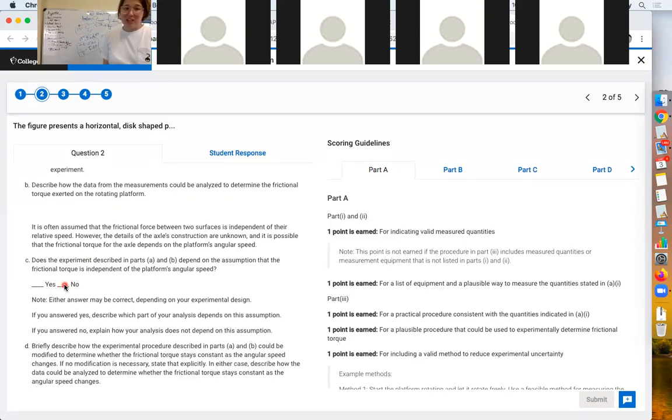Otherwise, if that assumption isn't true, his data would be all over the place, right? Because if the torque changed depending on how fast it was going, his data would be really weird if he was going different speeds. And so depending on how your lab was set up, your answer could either be yes or no. So if Navi was, say, pulling it at the same speed every time and checking, then it is no, it's independent.